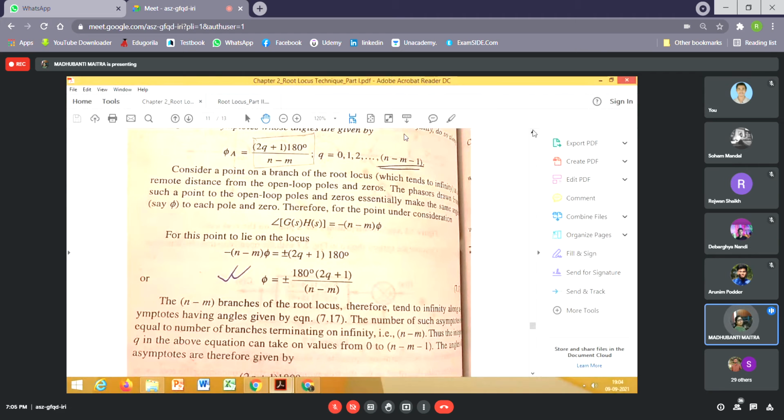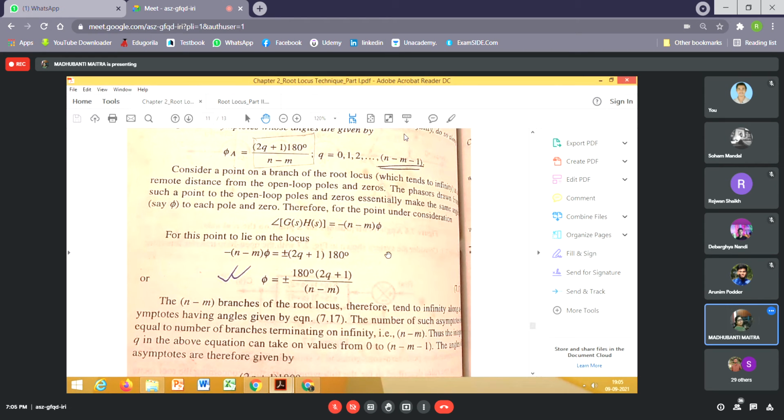We are talking about the root branches which are tending towards infinity as k tends towards infinity. So, if we consider an onlooker's point located at infinity, then at that point on the root locus, all the open loop poles and zeros will contribute almost the same phase angle.